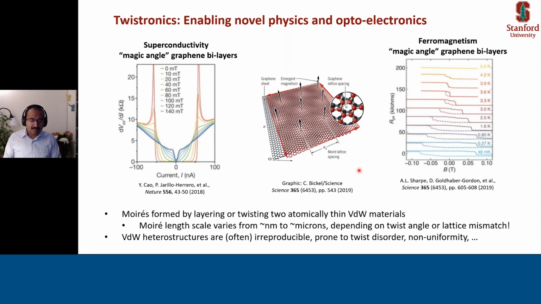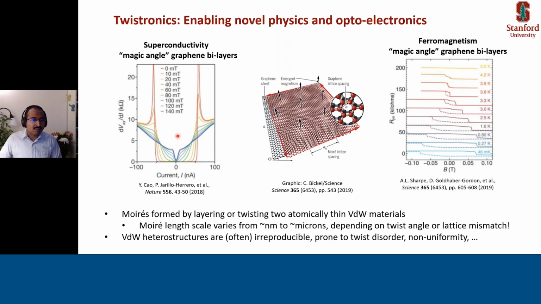The importance of twisted bilayer graphene, how it has really become very exciting, is well known to the folks in this community. But I just want to highlight some of the very key things that have made it even more interesting in the last few years.